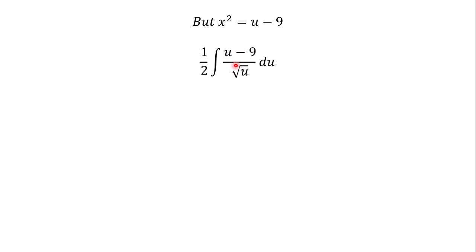So if we have gotten it in this form, there is nothing that should prevent us from changing it to the other form. What you are going to do here is split it into like fractions, that is u over square root of u minus 9 over square root of u.